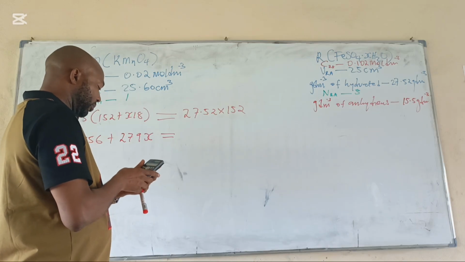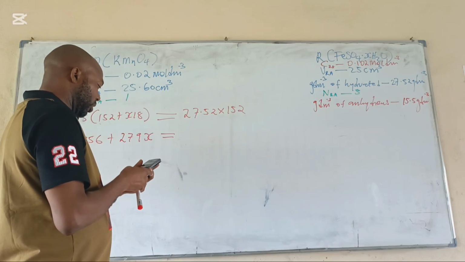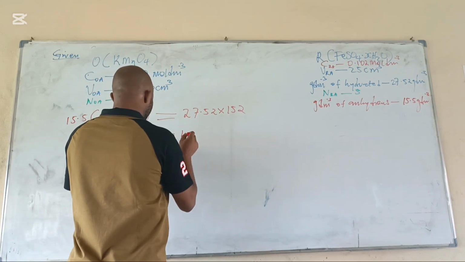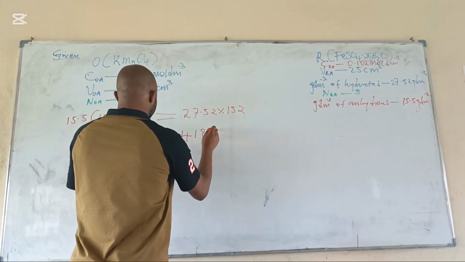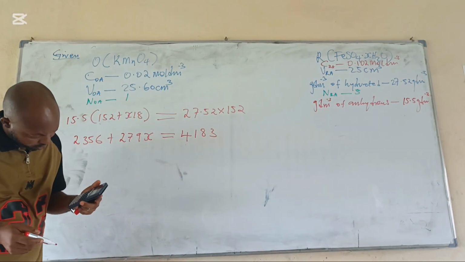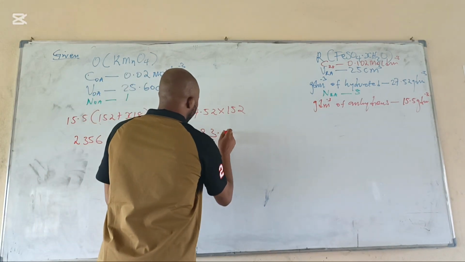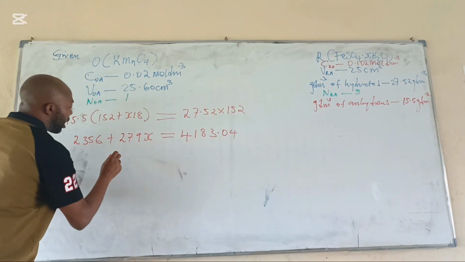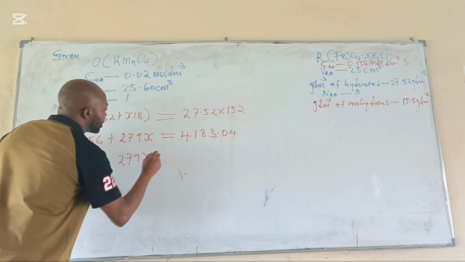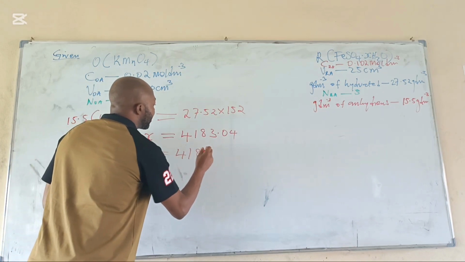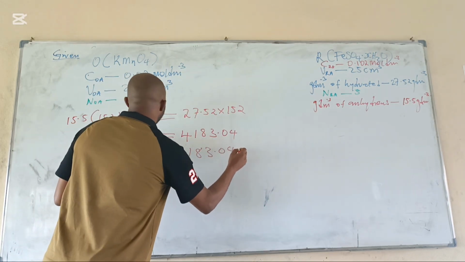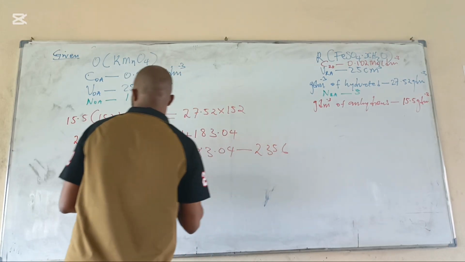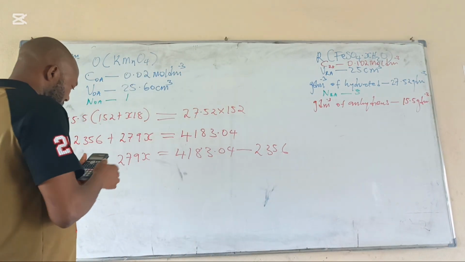27.52 times 152 is 4183.04. Now, if I have to make my x the subject, I will have 279x is equal to 4183.04 minus 2356. Okay, let's check that.